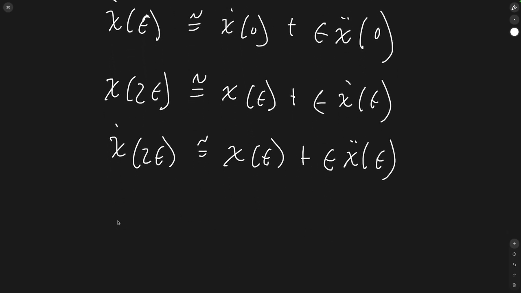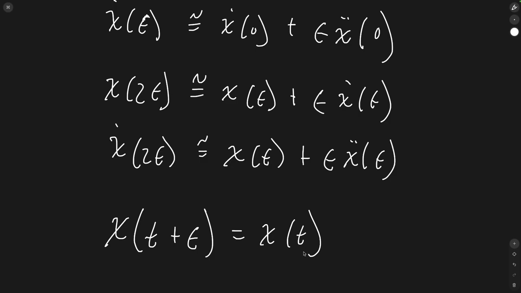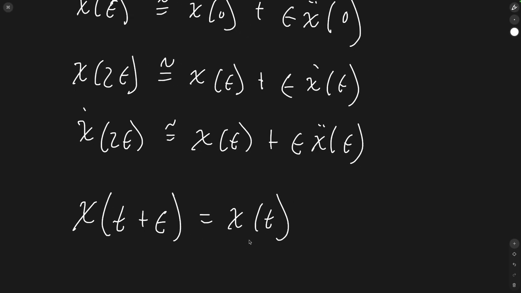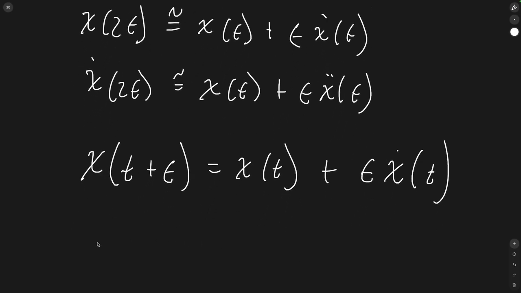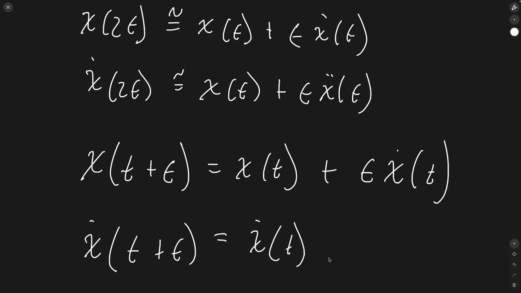So in general, x of t plus the next increment is equal to the position at the last increment plus the increment times the derivative at the last increment. And likewise, same could be said about the first derivative and its relationship to the second derivative.